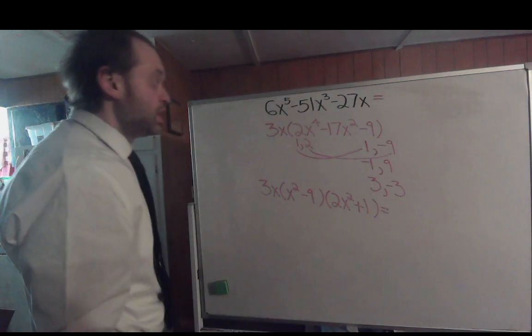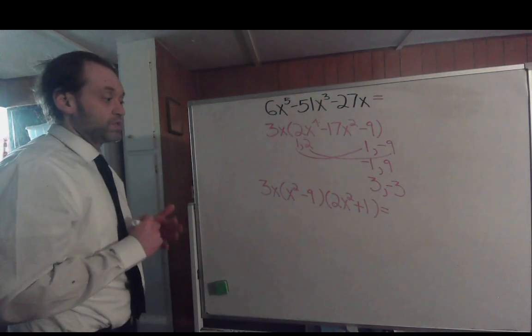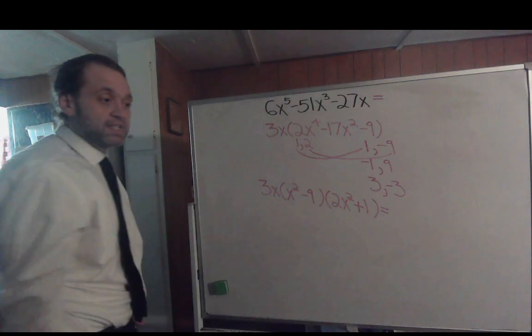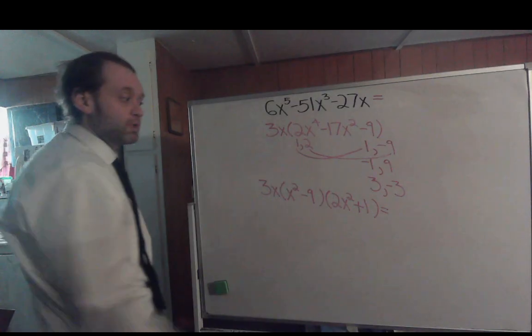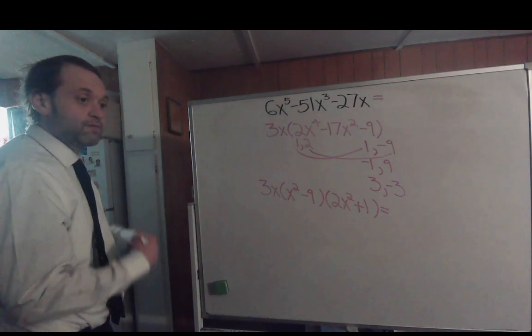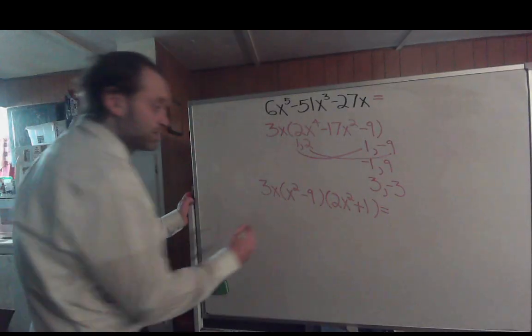Yep. All right. Well, the 2x squared plus 1 is a sum of two squares, so that's not going to break down any further. But x squared minus 9 will break down further because that's a difference of squares.